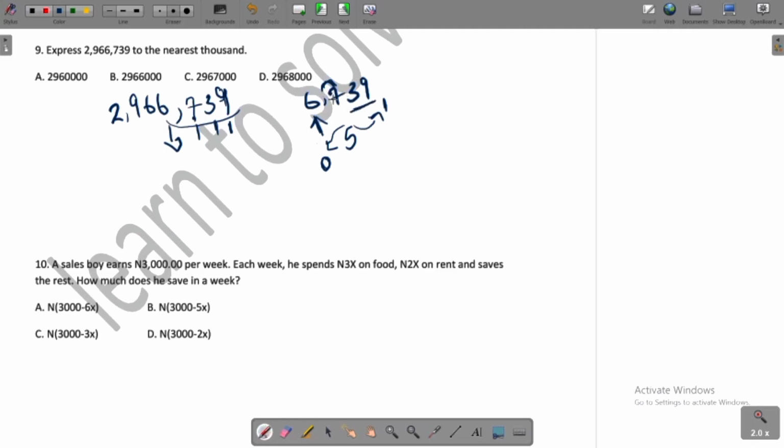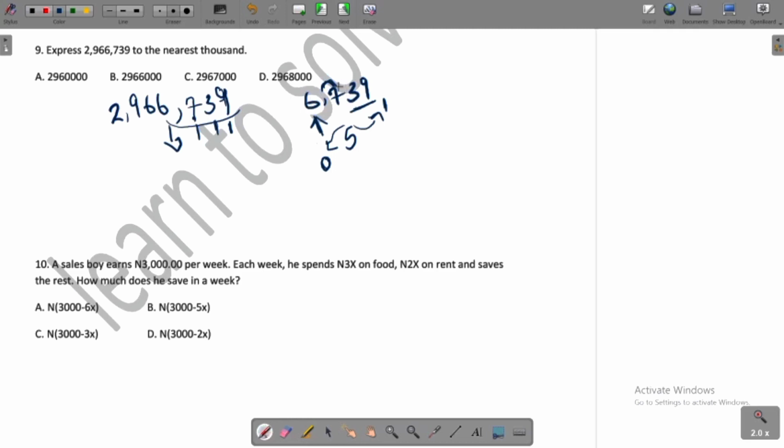If you round it up to 1, you add the 1 to this number, then you change all the numbers after it to the right-hand side to zeros. And if you round it down to 0, you change the numbers at the right-hand side also to 0.